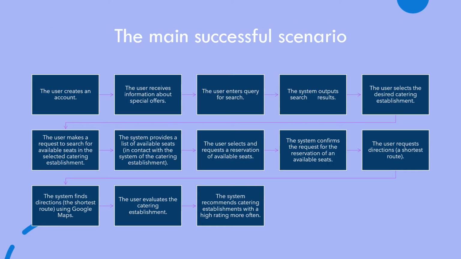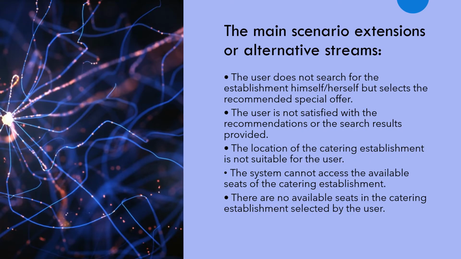Successful scenario is a list of steps that are performed using the system to satisfy the user. The main scenario extensions and alternative streams are used to highlight other possibilities of this system or some malfunctions that can happen. They are: the user does not search for the establishment himself/herself, but selects the recommended special offer.